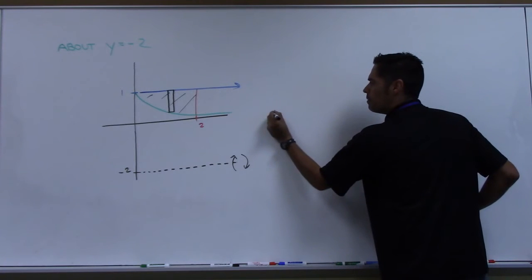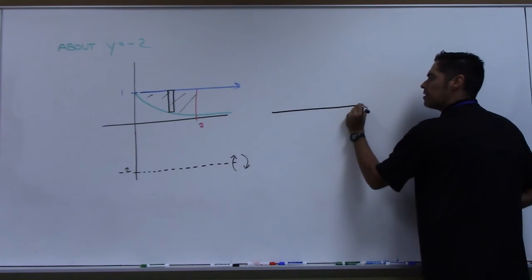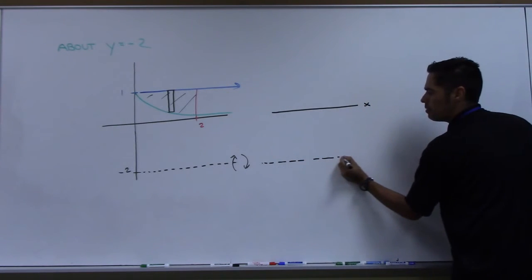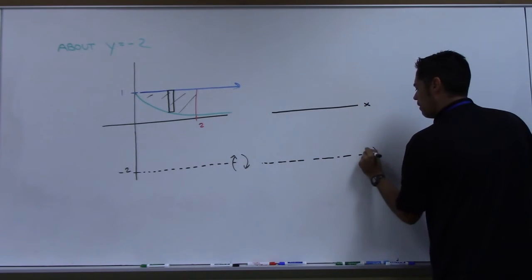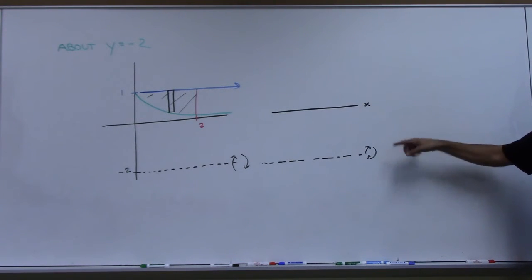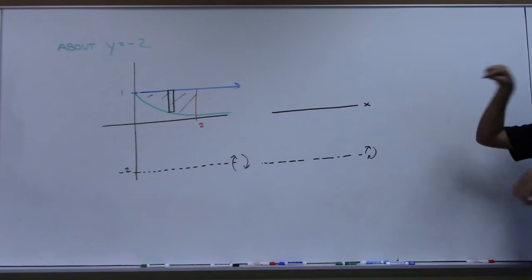I like to bring over my axes first. There's the x-axis. I'll even label it x-axis. Over here, my axis of rotation is here. Can y'all see that those are supposed to be like two arrows curling into each other? That's what that is.